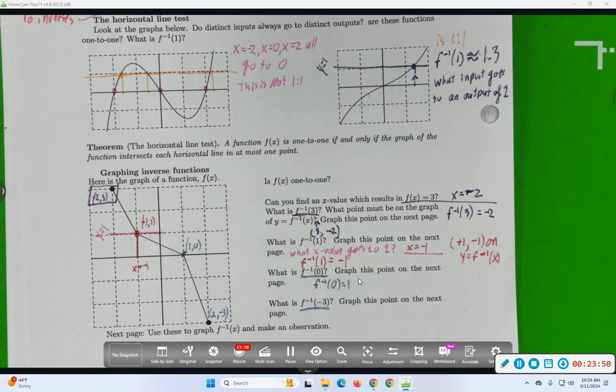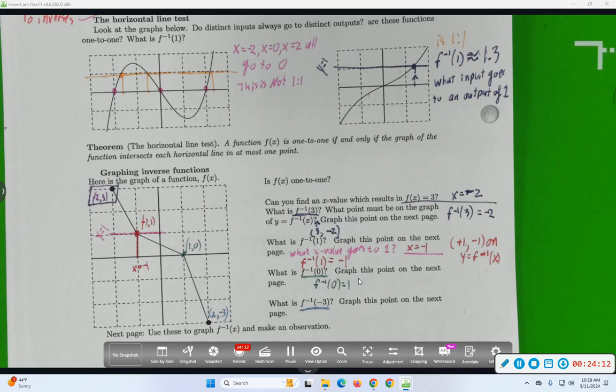Why is f inverse of 0 equal to 1? Well, let's think about what the inverse function means. When I want to compute f inverse of 0, that means I want to know what input this function sends to 0.